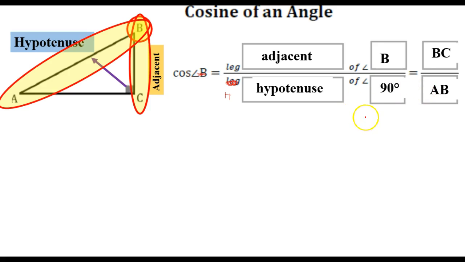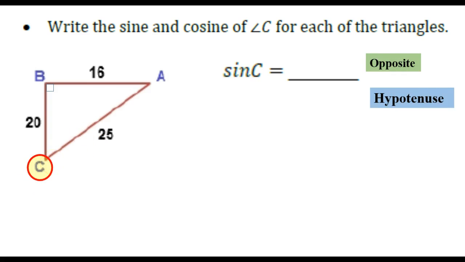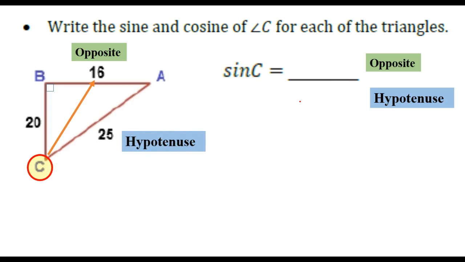We're going to move along to how we apply these brand new trig functions. So the first thing they're going to ask us to do is to find the sine and cosine of angle C. So let's go ahead and circle C and identify the opposite and hypotenuse. Take some time, pause if you need to, but try and figure out which one's opposite and which one's hypotenuse. And unpause. That would be 16 as my opposite side, whereas 25 is my hypotenuse.